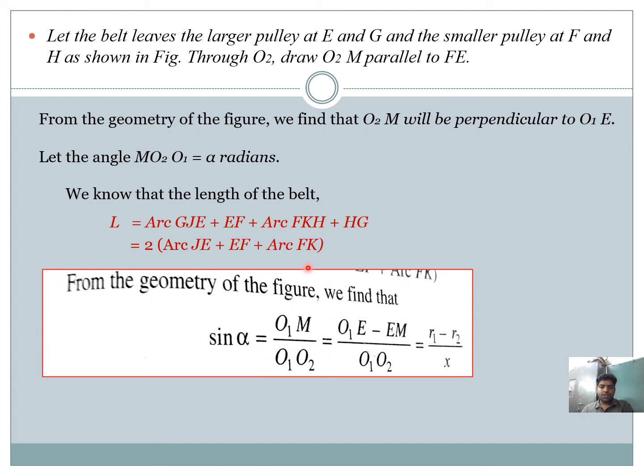From the geometry of the figure, sin alpha equals O1M divided by O1O2.